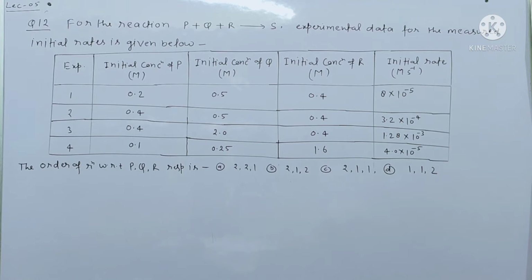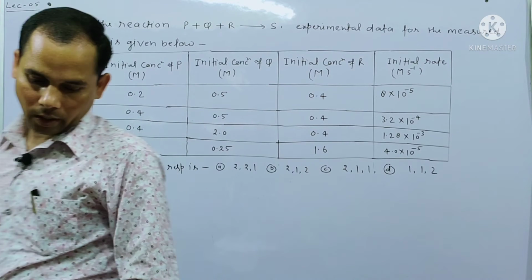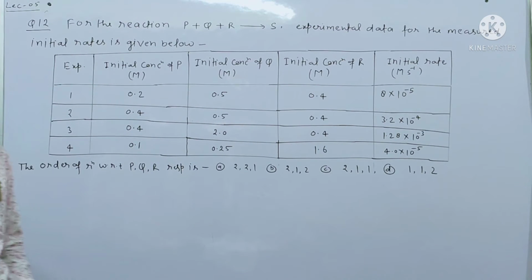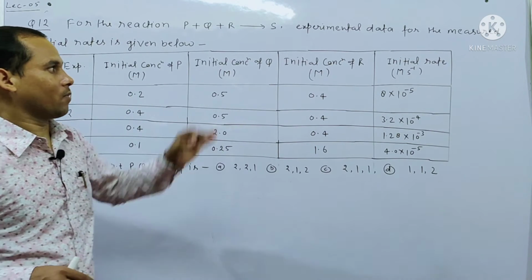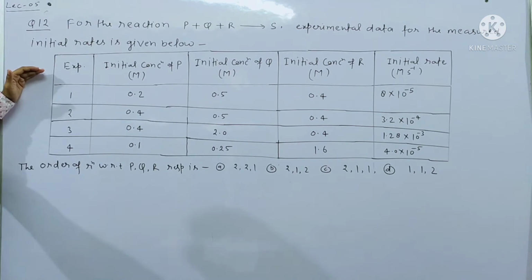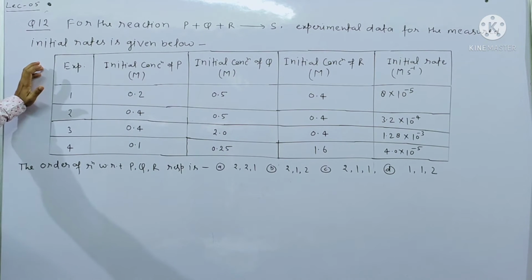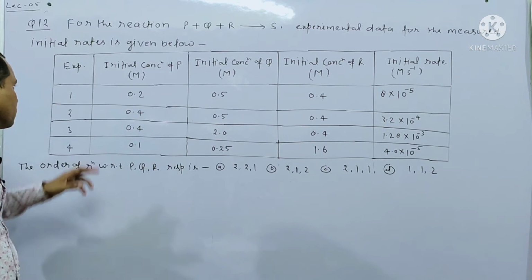Now we will solve question number 12. This is the question, and a very important question. For the reaction P plus Q plus R gives out, experimental data for the measured initial rate is given. Here we are given this table.